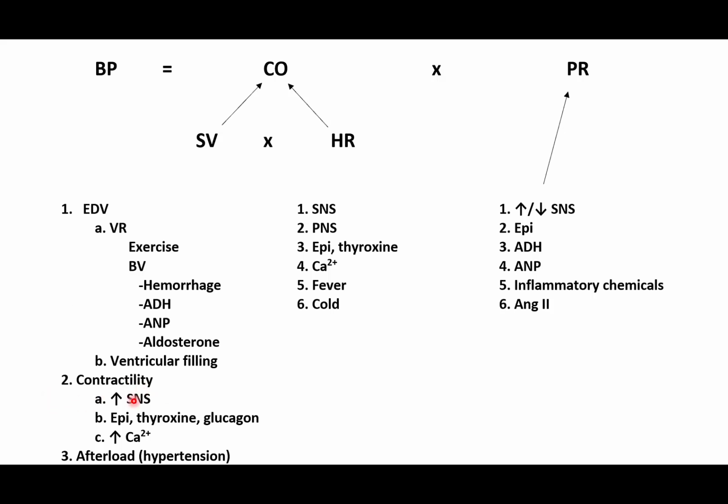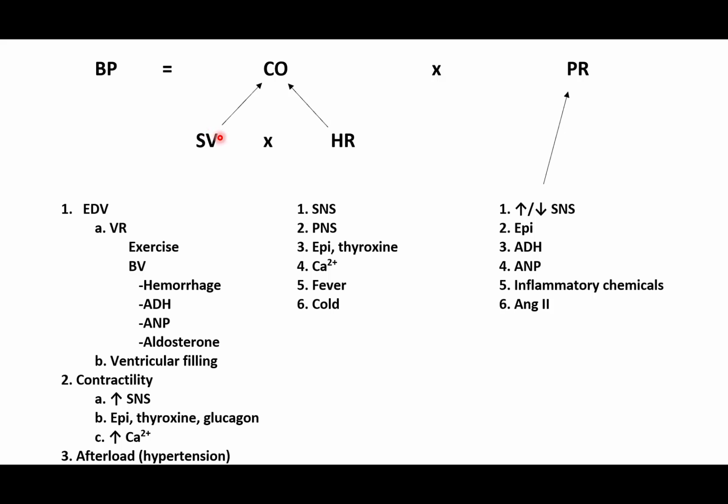And contractility could be regulated by the sympathetic nervous system, epinephrine, thyroxine, glucagon, and calcium. All of these things, A, B, and C, regulate contractility, and contractility regulates stroke volume. These two things, venous return and ventricular filling, regulate EDV, and EDV regulates stroke volume.